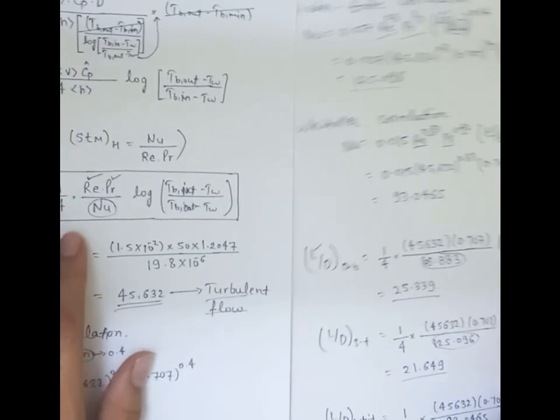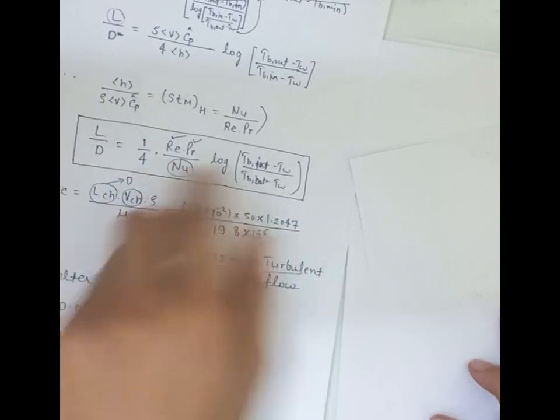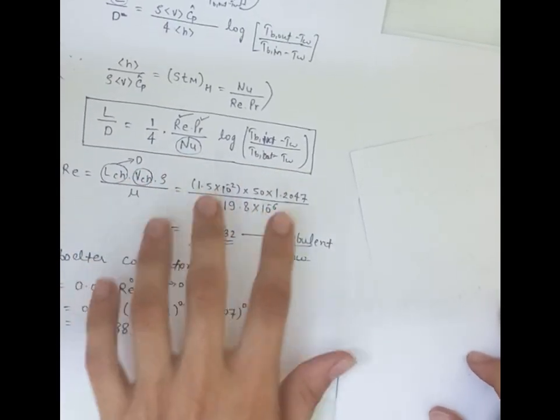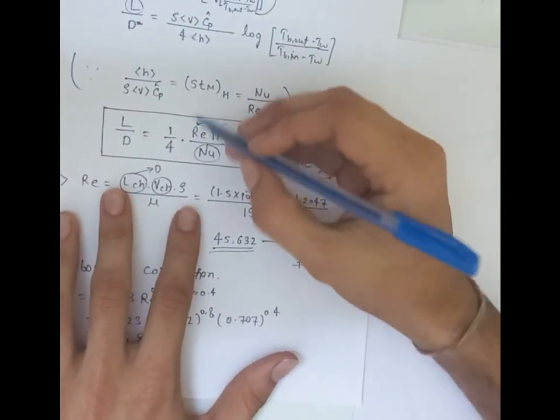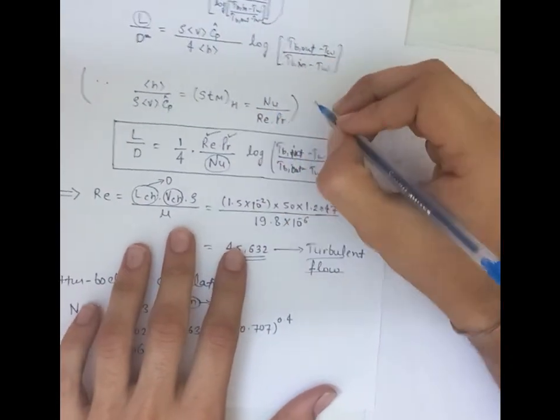Okay, so we are having the L by D ratio, that is equal to the engineering correlation we are having here. So now we can find out the value of the L by D in terms of the surface roughness.